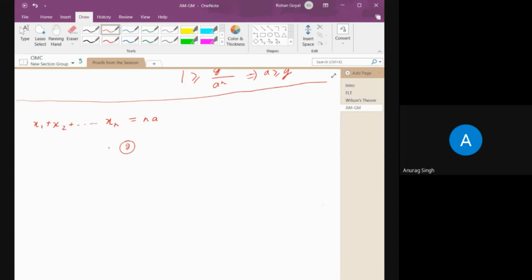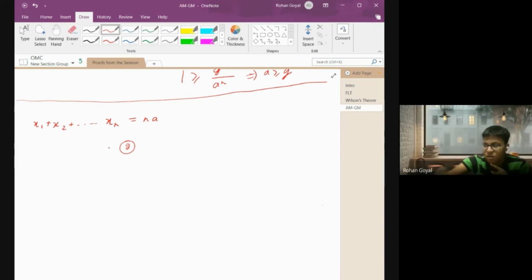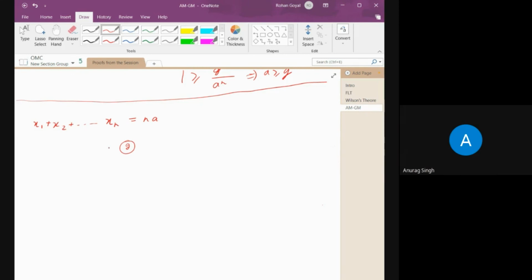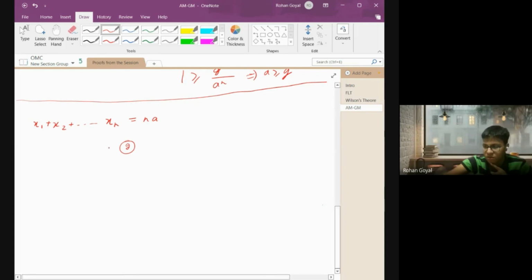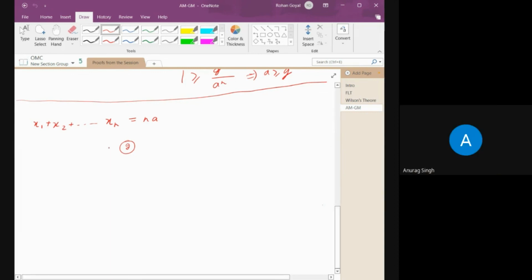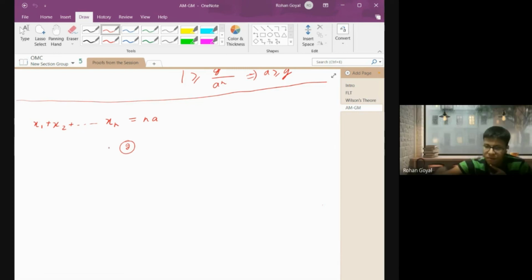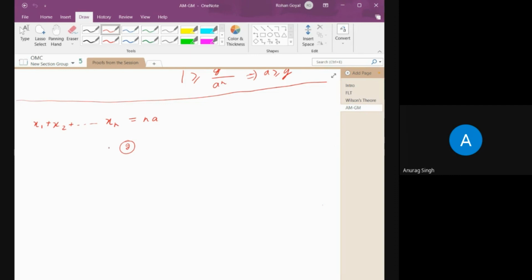Sure. Yeah, that's something you can do, but in that you are inherently assuming this inequality in some sense. You have to prove that it makes sense. No, I'm just replacing x1 and all the way to xn by their deviation from the average. Sure. And then what do you do? Then I go on to prove that the product will be less than or equal to the average. How?